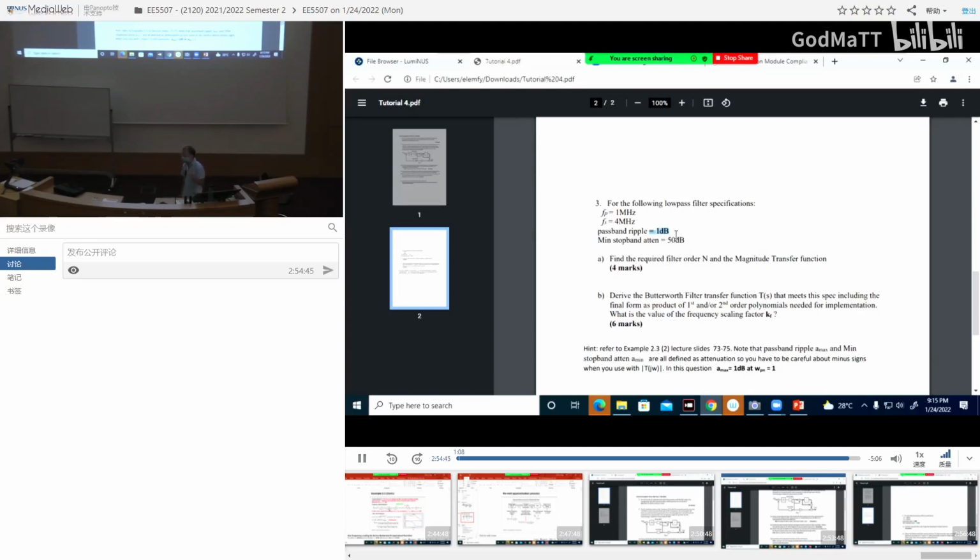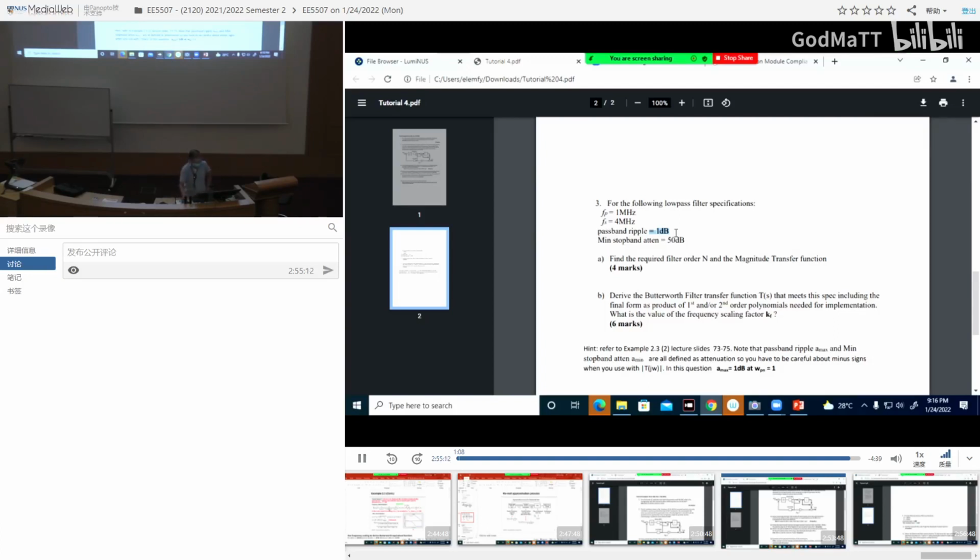The example covered 2 cases: Butterworth, where the passband edge was at 3 dB, and a non-Butterworth, where the passband edge was at 0.5 dB. Now I just modified it slightly, instead of 0.5, to 1 dB. So you should still be able to use the example, just adjust.